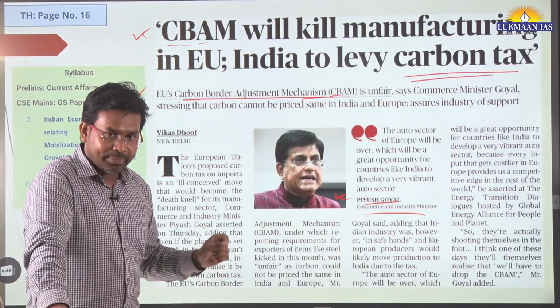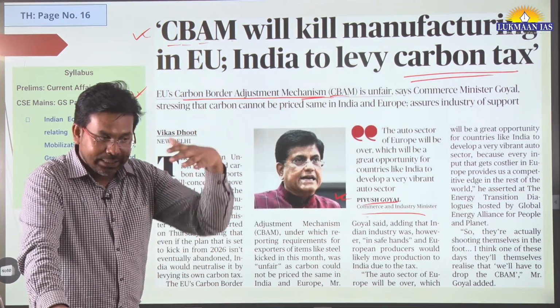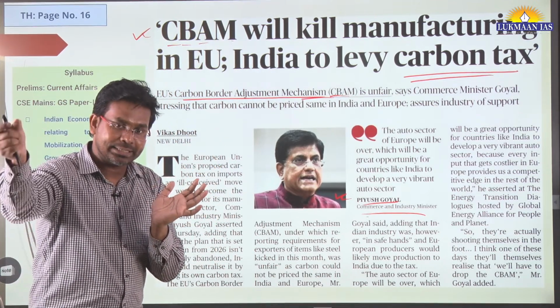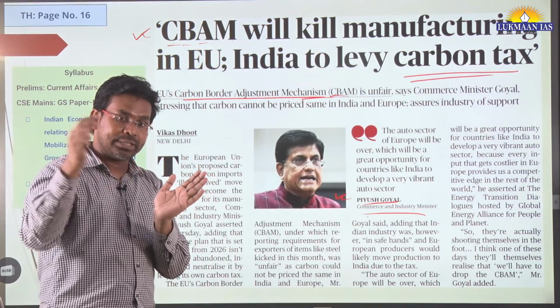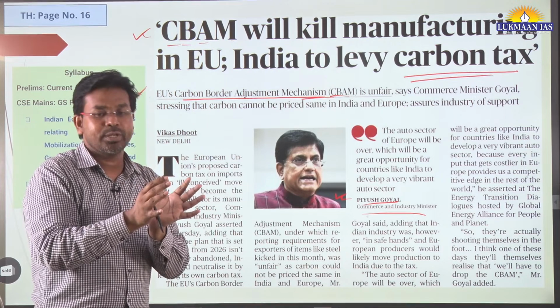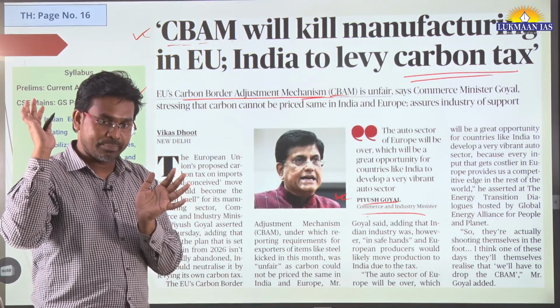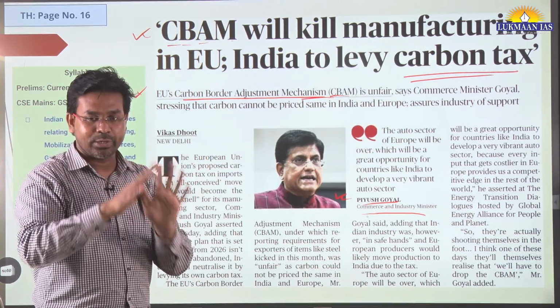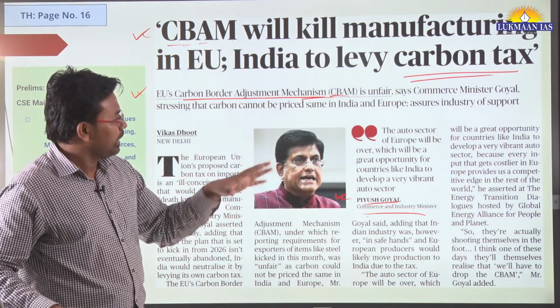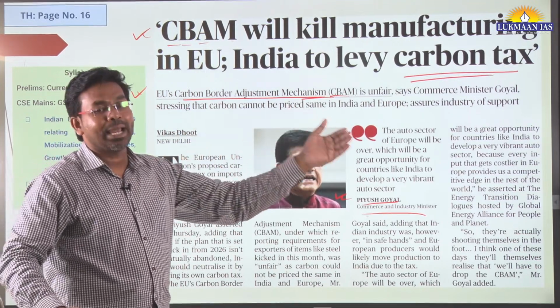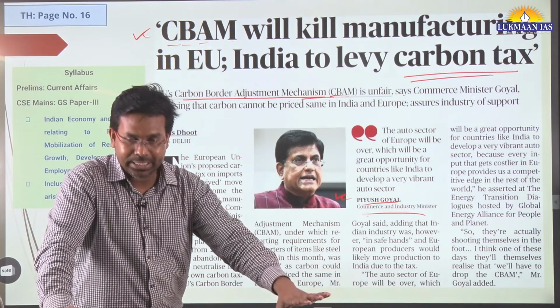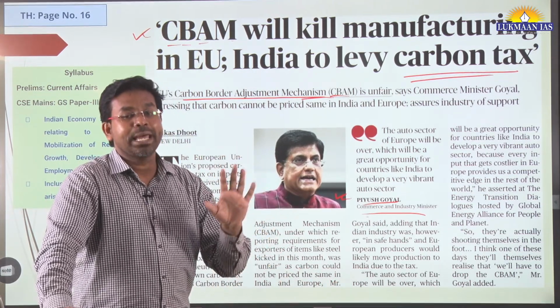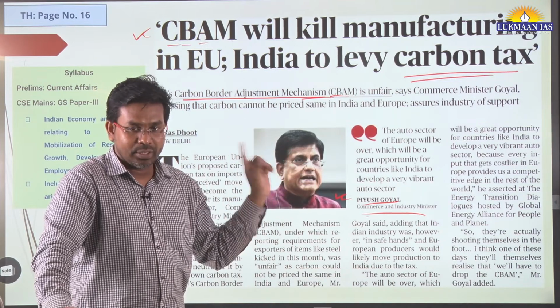Carbon border adjustment mechanism means that there is the European Union, and other countries are producing some goods and emitting carbon. If they want to export their goods to the European Union, the European Union is going to apply taxes on them. They do have their internal regulation for internal industry. In the case of India, we have not applied the carbon border adjustment mechanism, but for those industries that are working in India, we may apply a carbon tax on them, okay, on them.